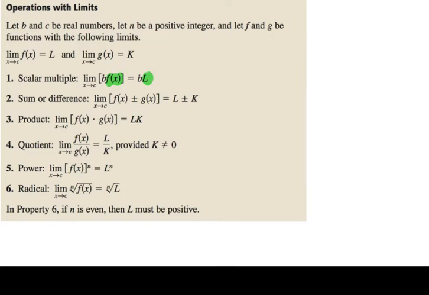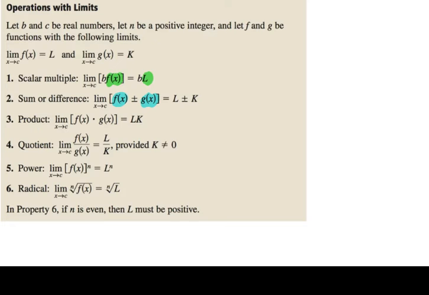What else is true is if you're finding the limit of the sum or difference of two functions, then you can find the limit of each one and add or subtract those limits together. If you're multiplying two functions together, you're going to multiply those two limits. If you're dividing, you're going to divide.